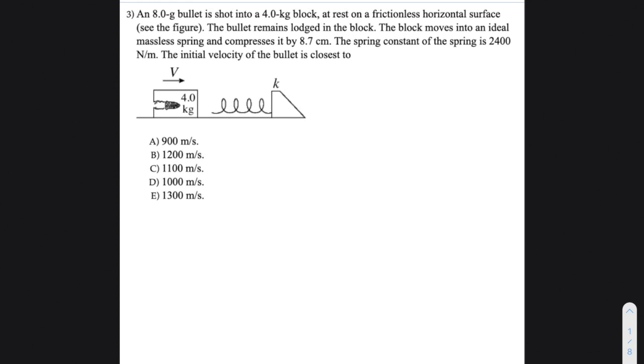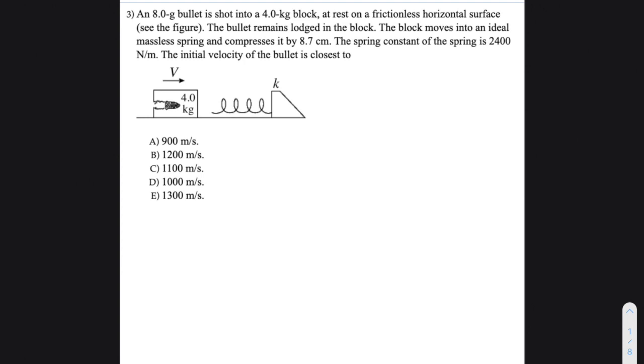In this problem, an 8-gram bullet is shot into a block, which is resting on a frictionless surface, and the bullet remains lodged in the block, and it moves into an ideal massless spring, and the spring is compressed by 8.7 centimeters. The spring constant is also given, and we have to find the velocity of the block plus bullet immediately before striking the spring.